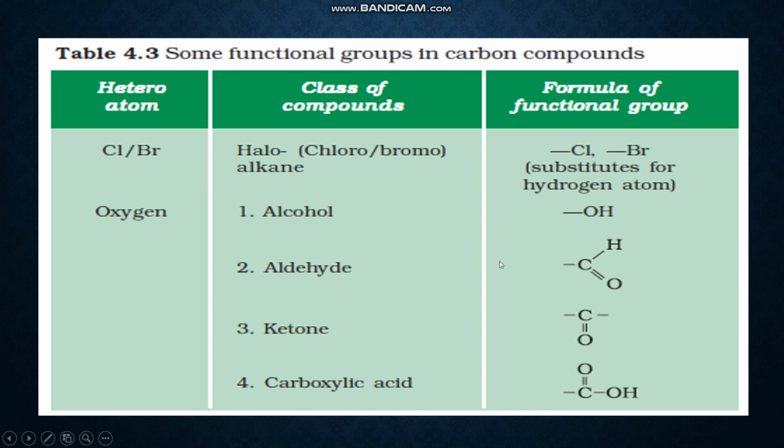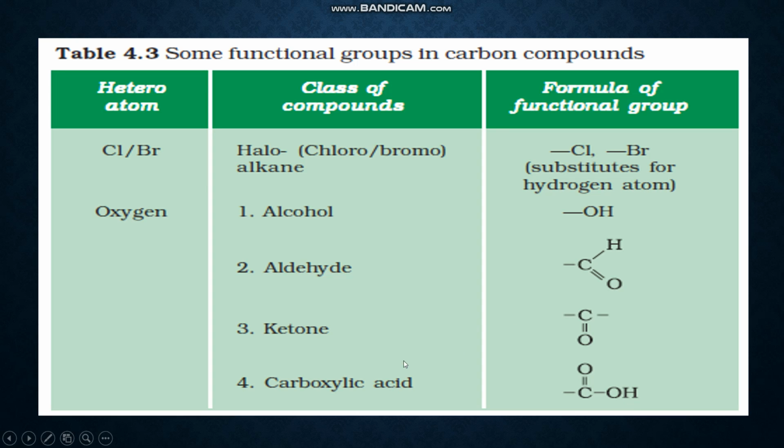The organic compounds which have the functional group CHO are called aldehydes. Those which have the functional group CO are called ketones. And the organic compounds in which a functional group COOH is present are called carboxylic acids.